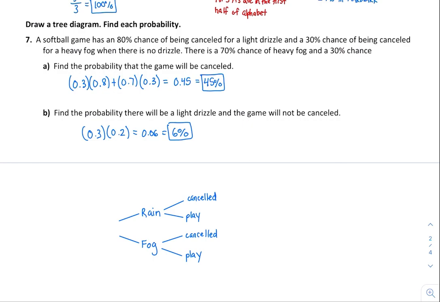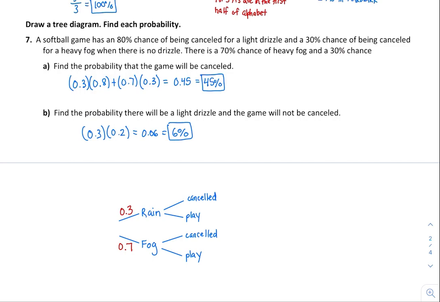So, this one, you guys, is going to be 70% of fog, so that's 0.7 here. That's supposed to be 30% chance of rain, so it's 0.3 there. Now, we can use this information above. Softball game has 80% chance of being canceled for a light drizzle. So that's saying if it rains, then it has 80% chance of being canceled.